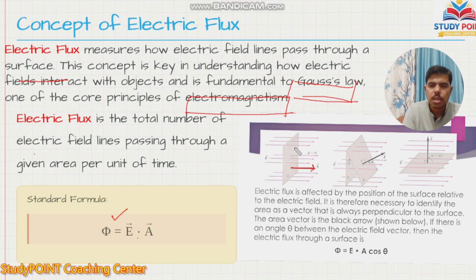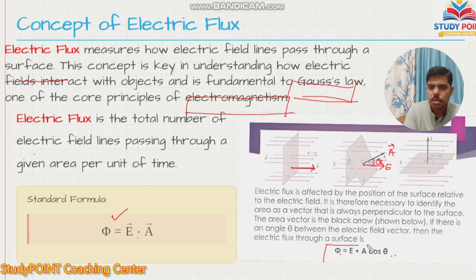And if this area vector is parallel to the electric field line, then the flux passing through this surface will be maximum. And if this is the direction of electric field lines, and this is the area vector, and here is an angle theta formed, then the electric flux passing through it will be phi equal to E dot A, that is E A cos theta.